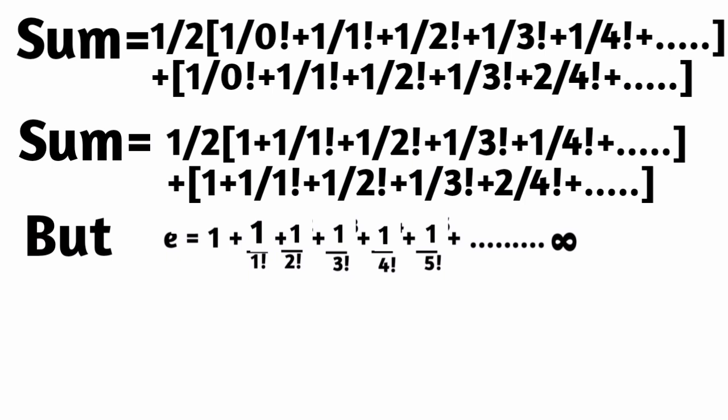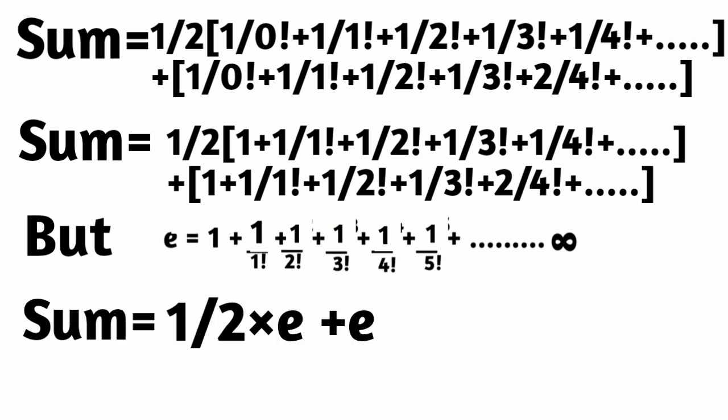That means the exponential e is equal to 1 plus 1 divided by factorial 1 plus 1 divided by factorial 2 plus 1 divided by factorial 3, and so on for the next terms. And now we can write 1 by 2 into e plus e, where e is the value of the common bracket.